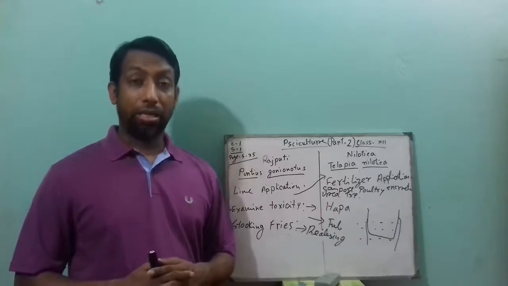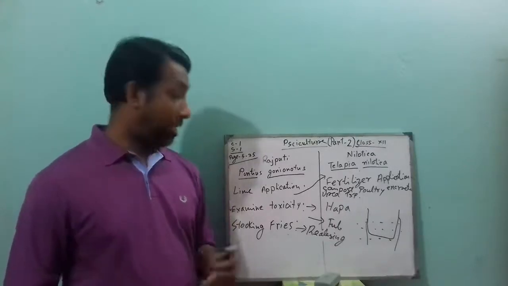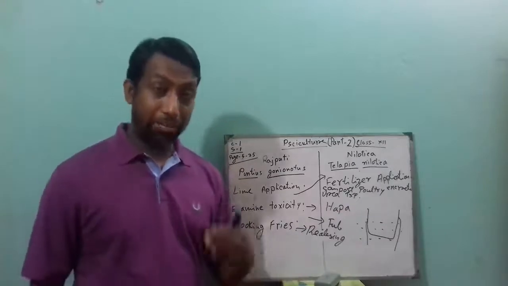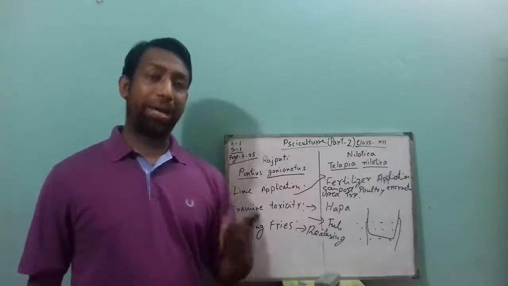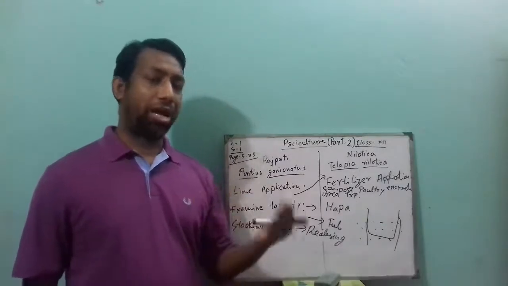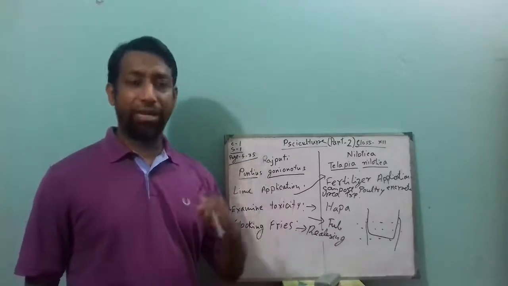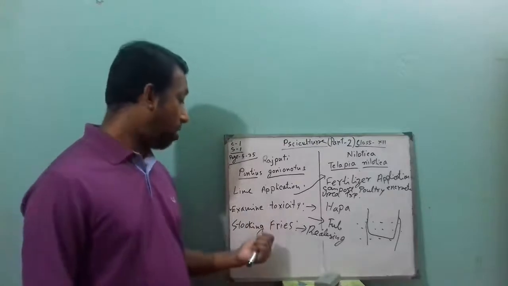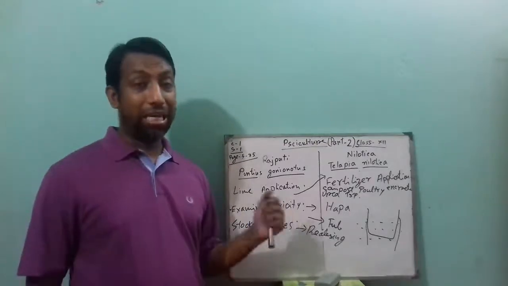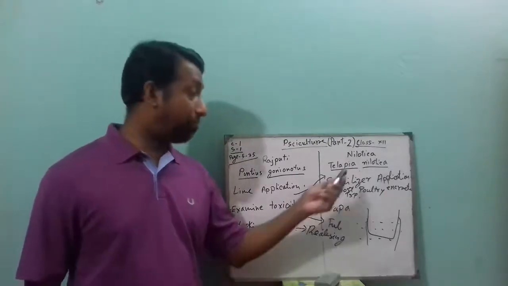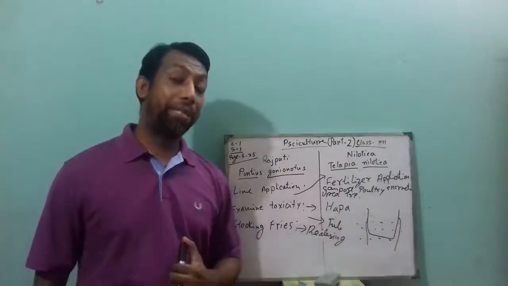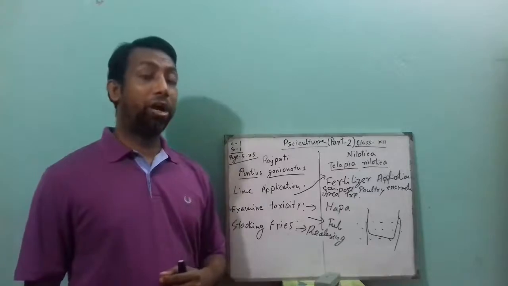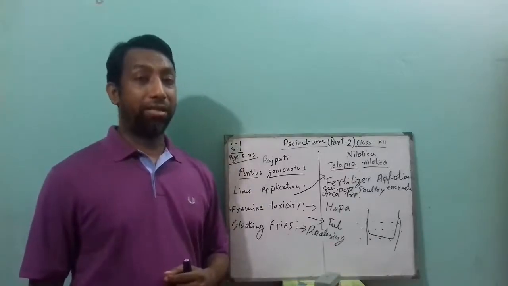So make sure your fries are stocked properly, and in the meantime apply supplementary feed and examine the natural feed. After 1 or 2 weeks, you have to apply fertilizer before examining the natural feed in the pond. This is the way of stocking fries.